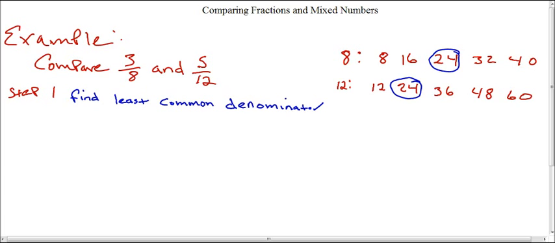Well, how do we work from there? We found the least common denominator, which in our example is 24.